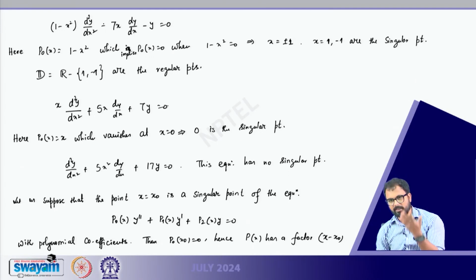right. This is a factor x minus x0 with some power. It can be x minus x0 or x minus x0 whole square, we just do not know, but it could be a factor like x minus x0 to the power m.